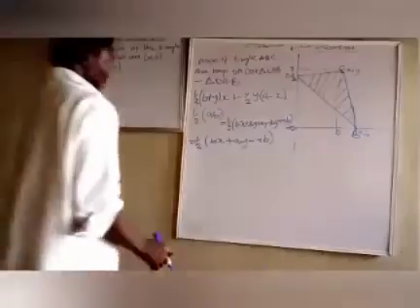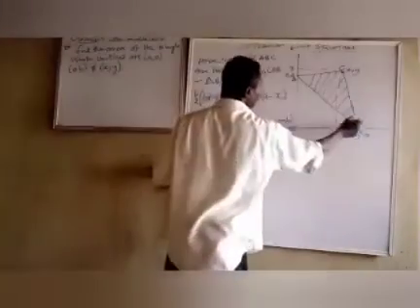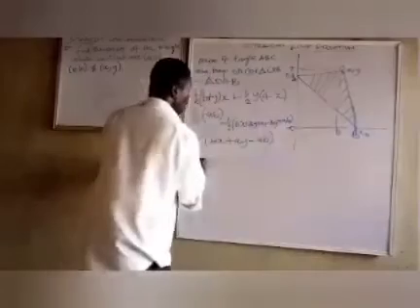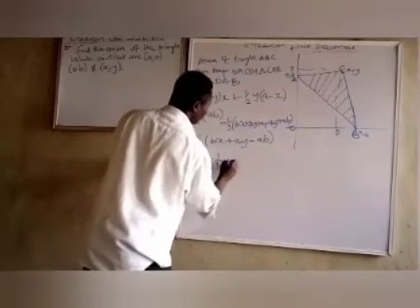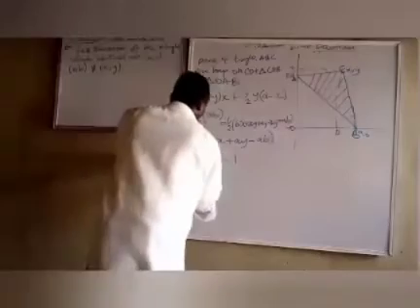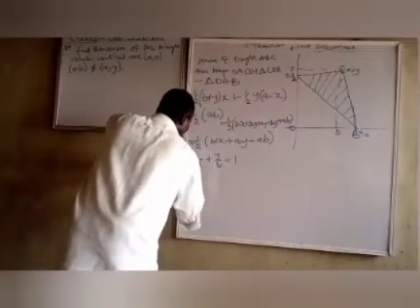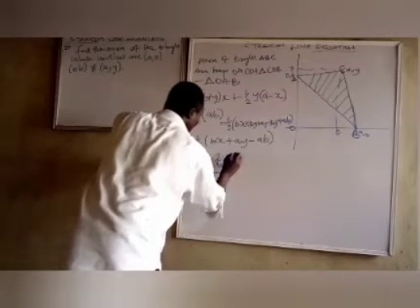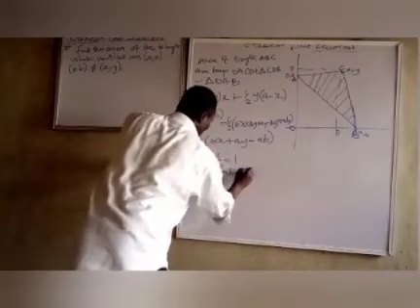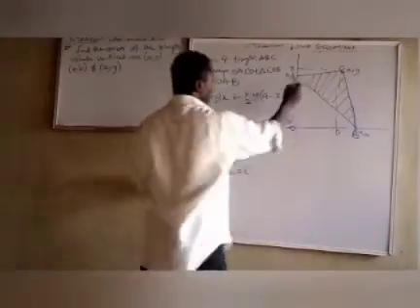I can also look at it like this. Let me find the equation for this line. It's going to be x over a plus y over b equals 1. So I'm going to have bx plus ay minus ab equals 0. That's the equation of this line.